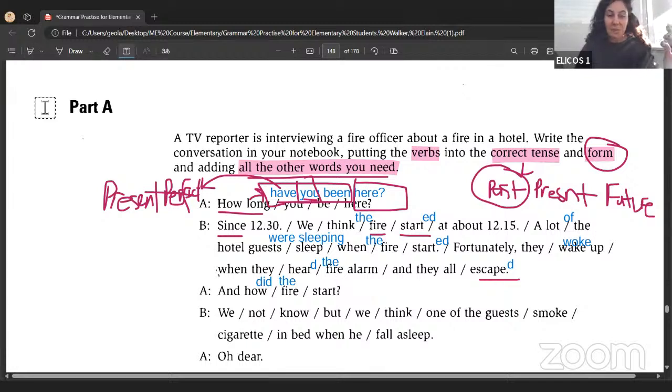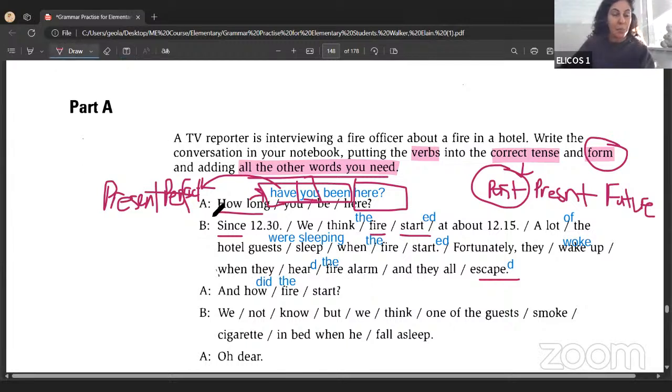Okay, so that's just a simple past simple question. We say did, which comes from the verb do. How did you go on your exam? How did the fire start? How did you find this location? How did you do something? So how did the fire start?